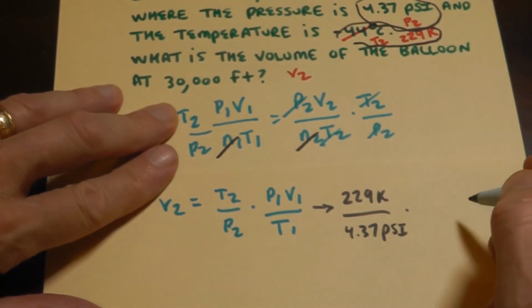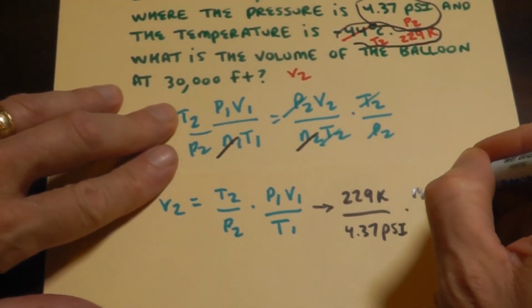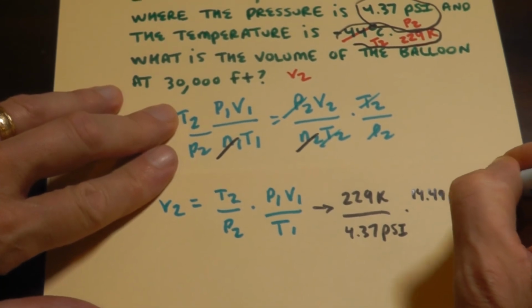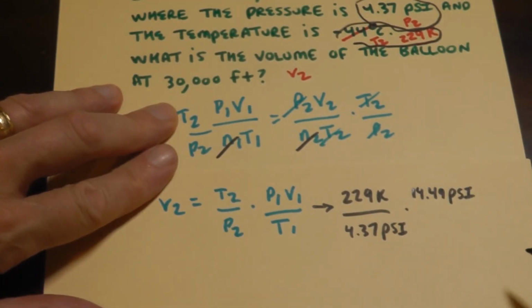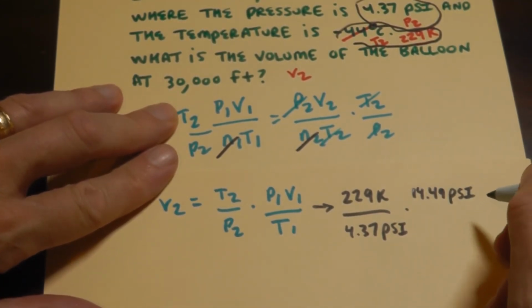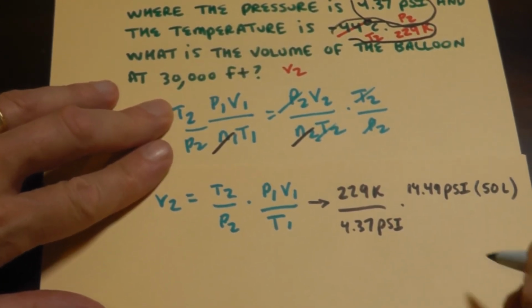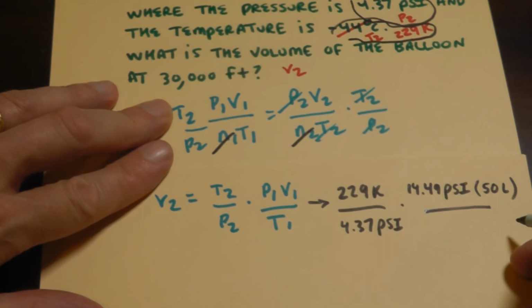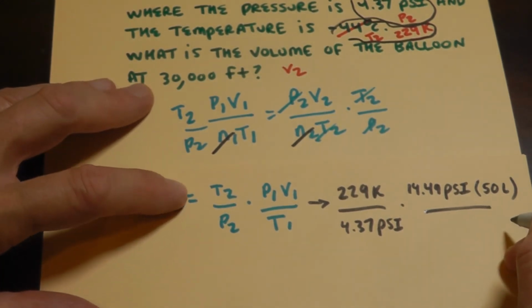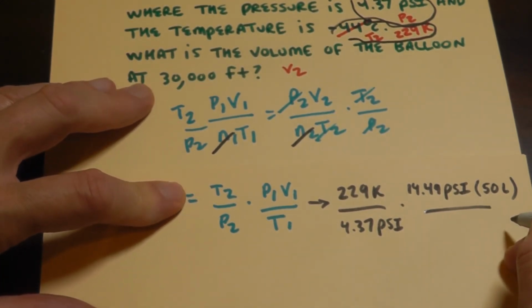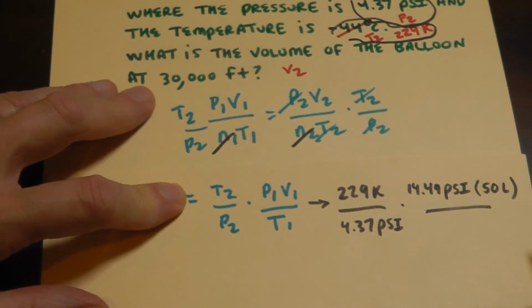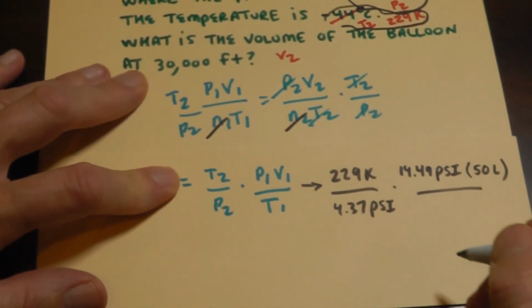What was P1? P1 was 14.49 psi. What was V1? V1 was 50 liters. And then what was T1? T1 was 23 degrees Celsius way up here, and it's 296.